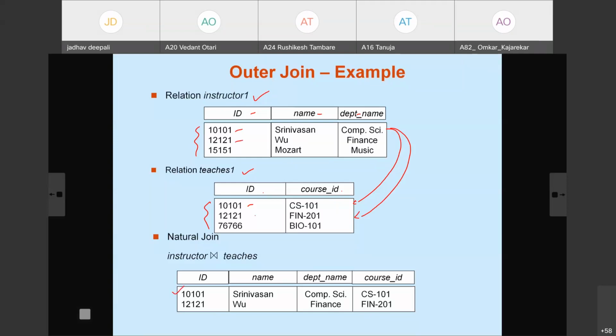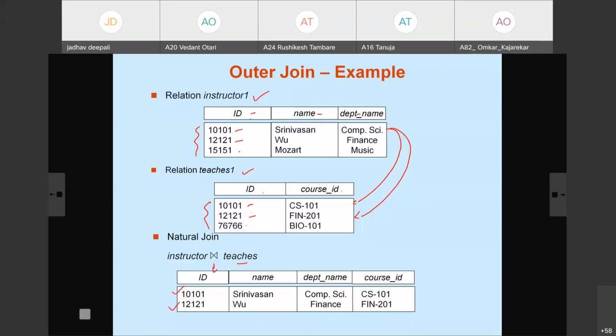This one is equal, that's why it will be in the result. But this one is not equal to this one, so it will not appear in the result. It does not match any tuple of instructor, so it is not in the result. It forces equality on the common attributes and removes the duplicate attributes. ID appears only once. So this is the result of the natural join.